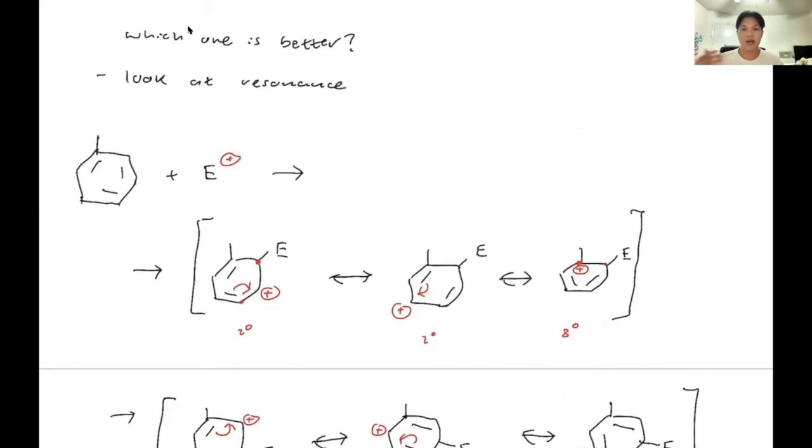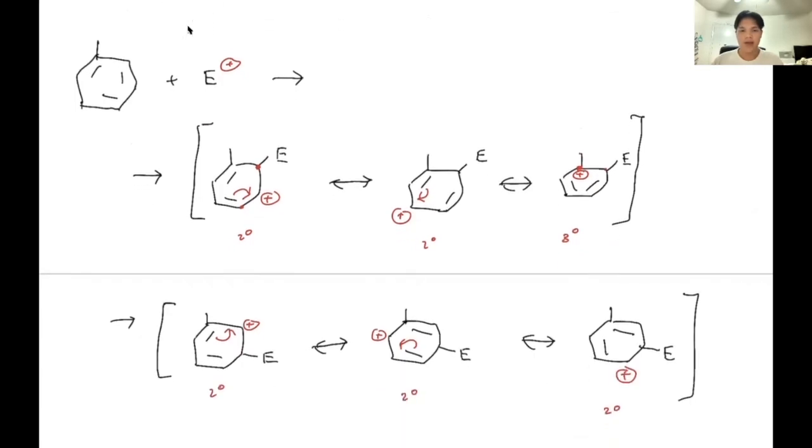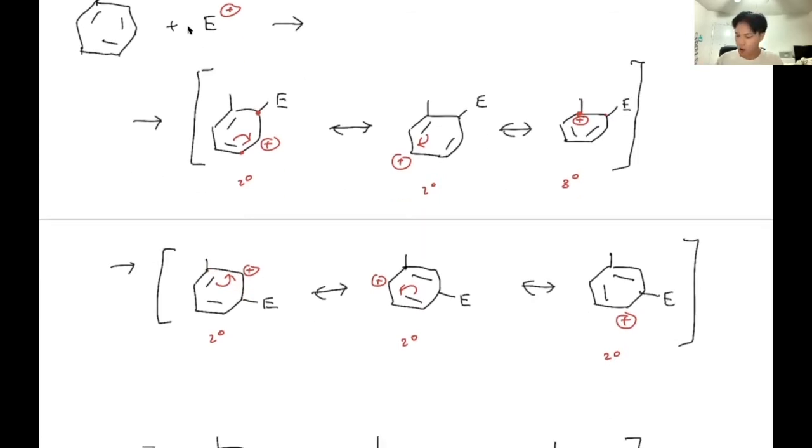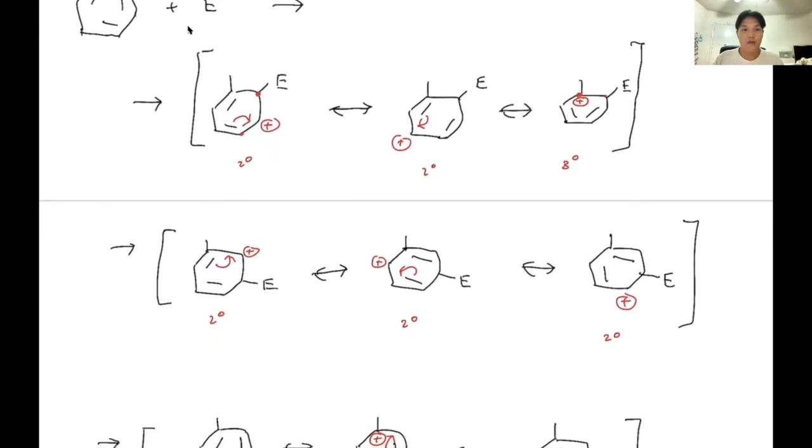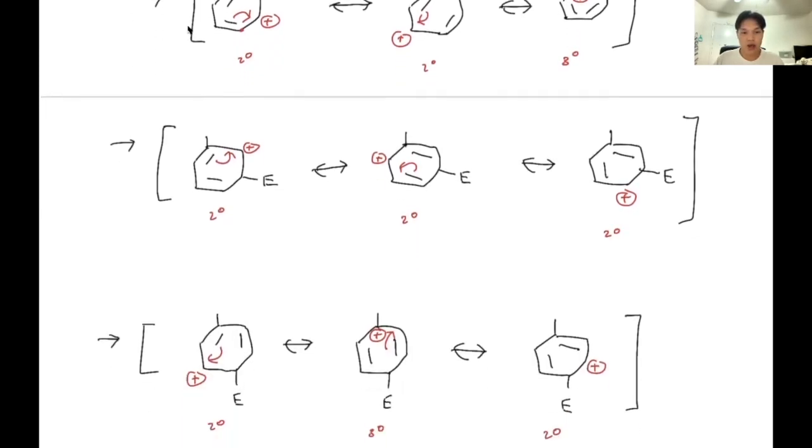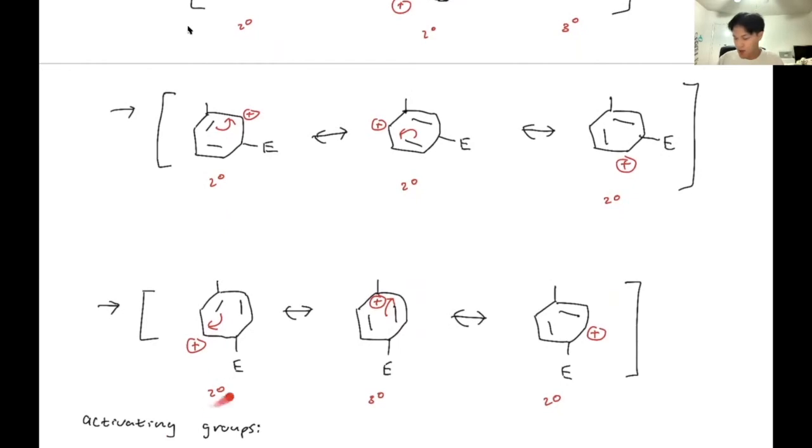So if it's added ortho, we have a tertiary carbocation, which is good. If it's added meta, right, 2 carbons away from this methyl group, we don't have a tertiary carbocation. We only have secondary carbocations. Still good, but remember what's more stable than a secondary carbocation? It's a tertiary carbocation, right? So this is going to be favored. And what if it's added para, our last one? We have 2 secondaries, and then we have a tertiary.